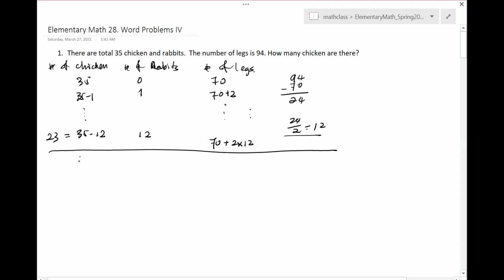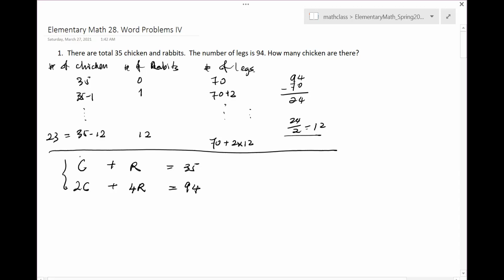So the number of chickens is denoted by C, and the number of rabbits by R. The total should be 35. Every chicken contributes 2 legs, so 2 times C. Every rabbit contributes 4 legs, so 4 times R. That'll be 94. So you have 2 linear equations.